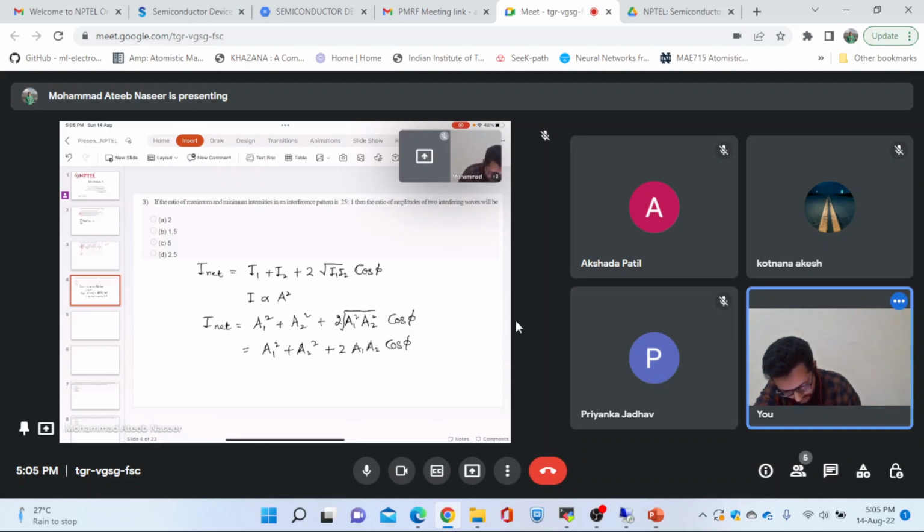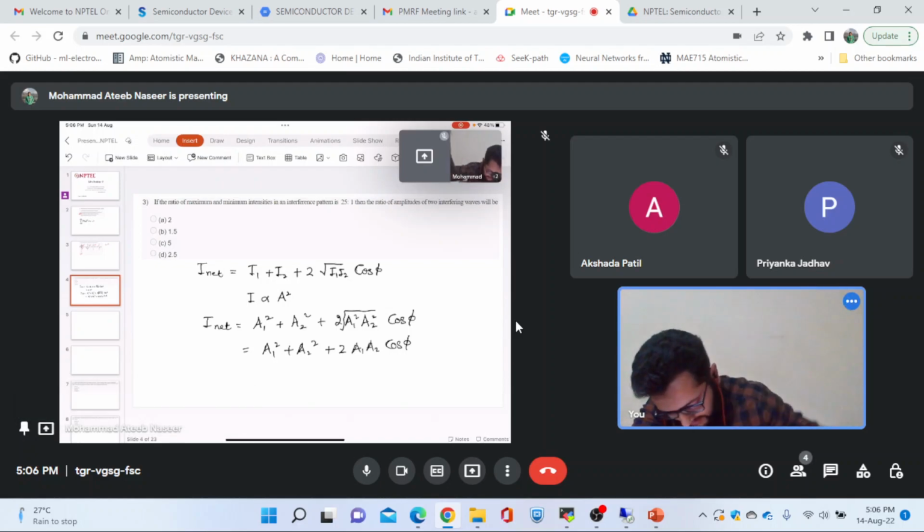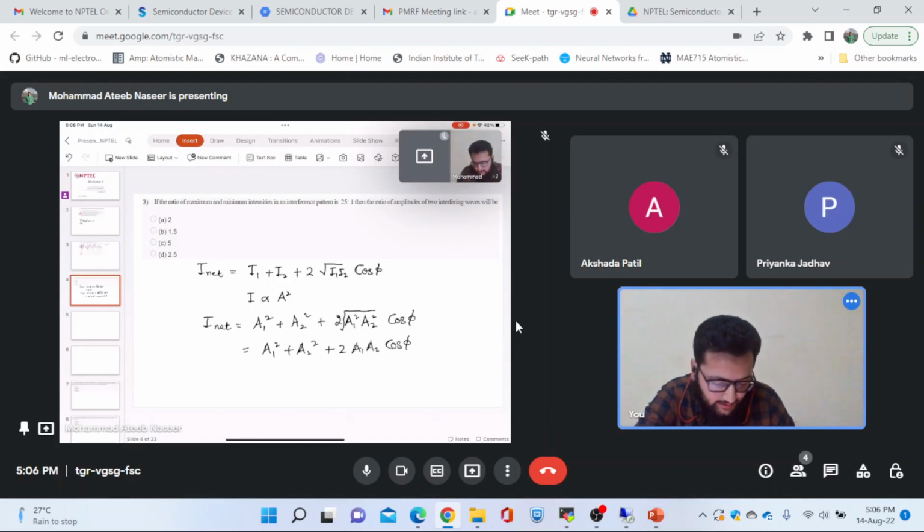Now we know that cos of phi will have its maximum value 1 at phi equal to 0, and it will have the value of minus 1 at phi equal to 180 degrees.